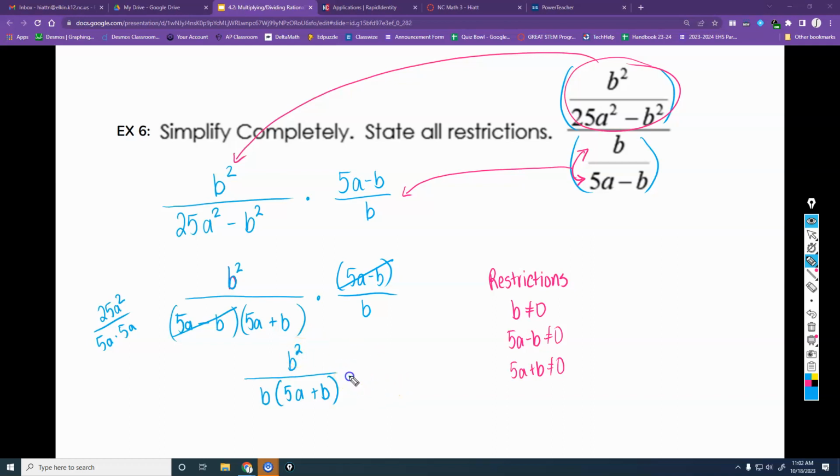Yeah, so that top can be b times b, right? And then I've got this b times 5a plus b. So I can't cancel this b with this b because that's got addition next to it. But this b right here is multiplied by everything else, so I can cancel it with one of these b's on top. And that will give me b over 5a plus b. And that would be my answer for that problem.